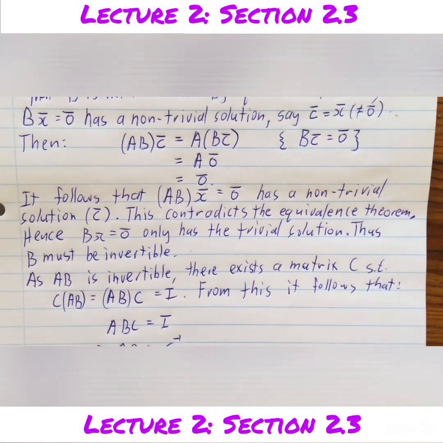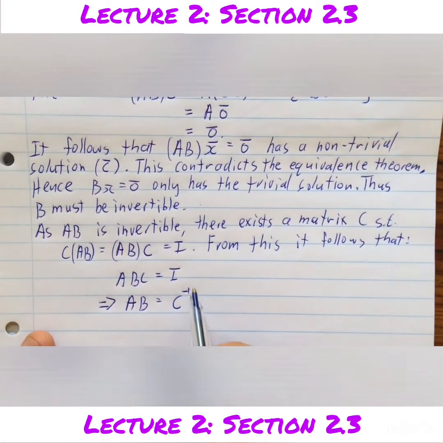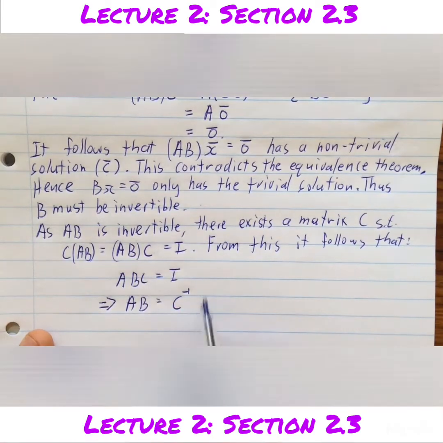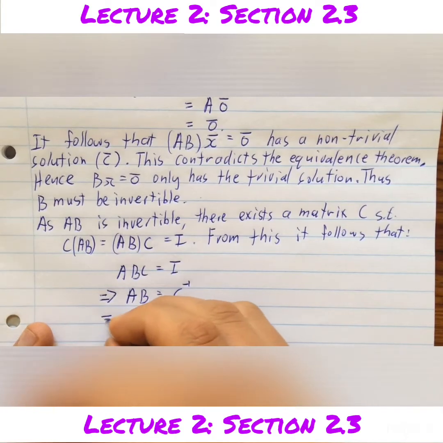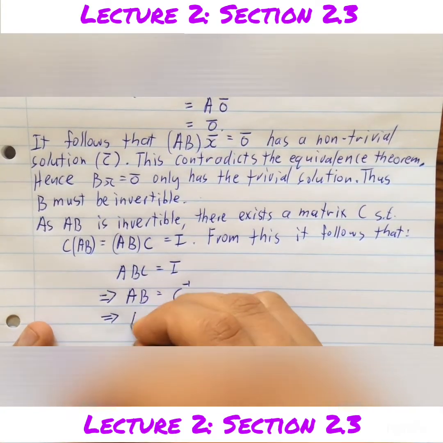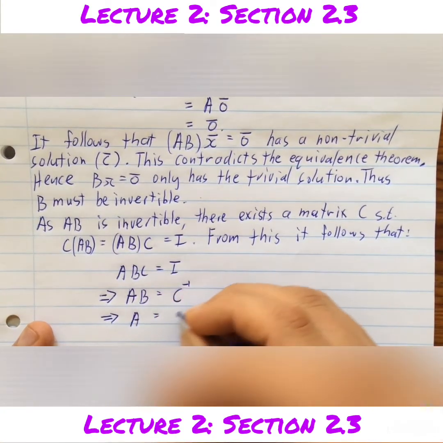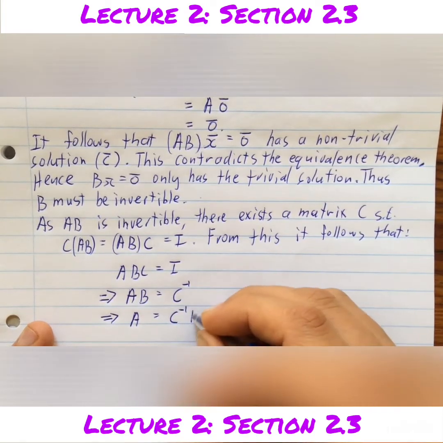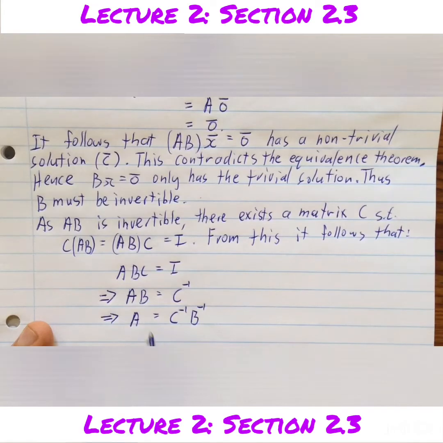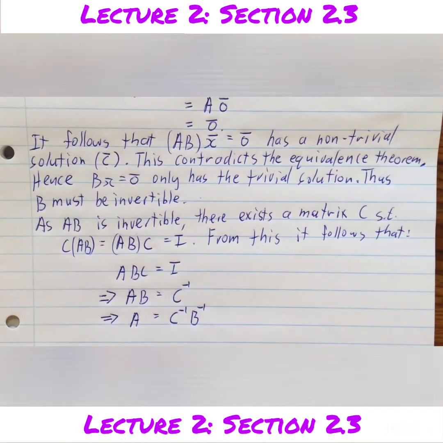I'm allowed to write this because C's inverse exists, because the inverse of C is A times B. And from there we can apply the same rules and deduce that A is C's inverse times B's inverse.